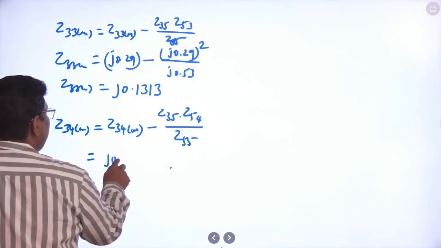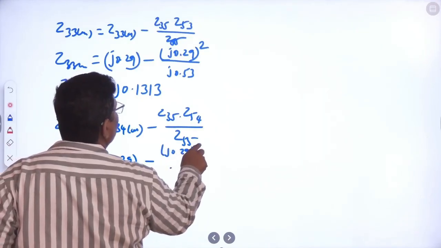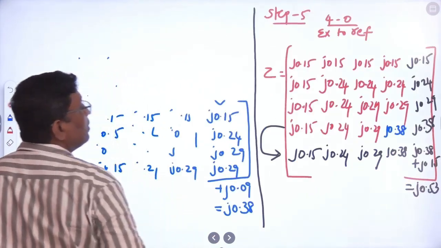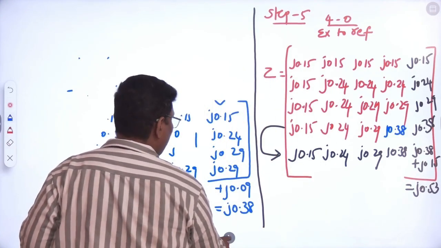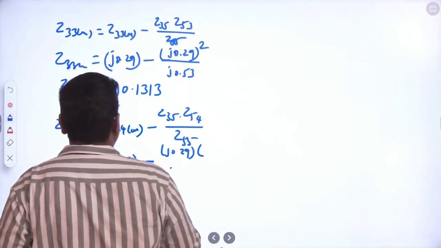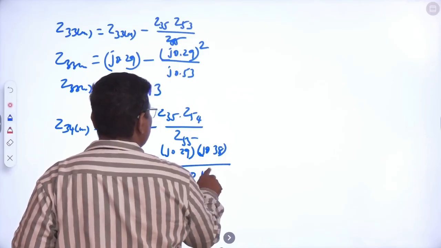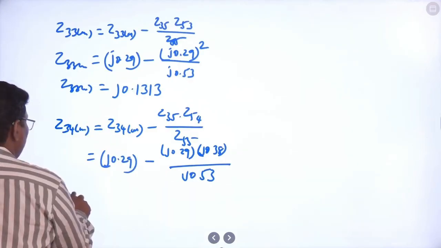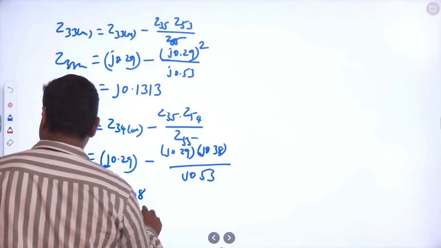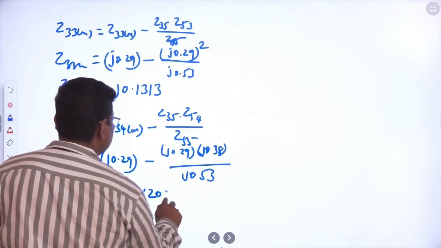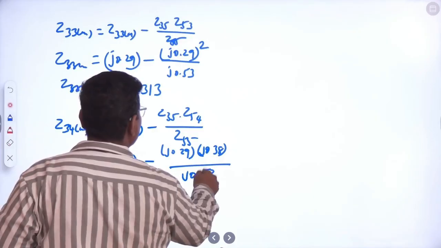So Z34 is also 0.29, Z35 0.29 into Z54, 0.38 divided by 0.53. So Z34 new equal to j0.08208.